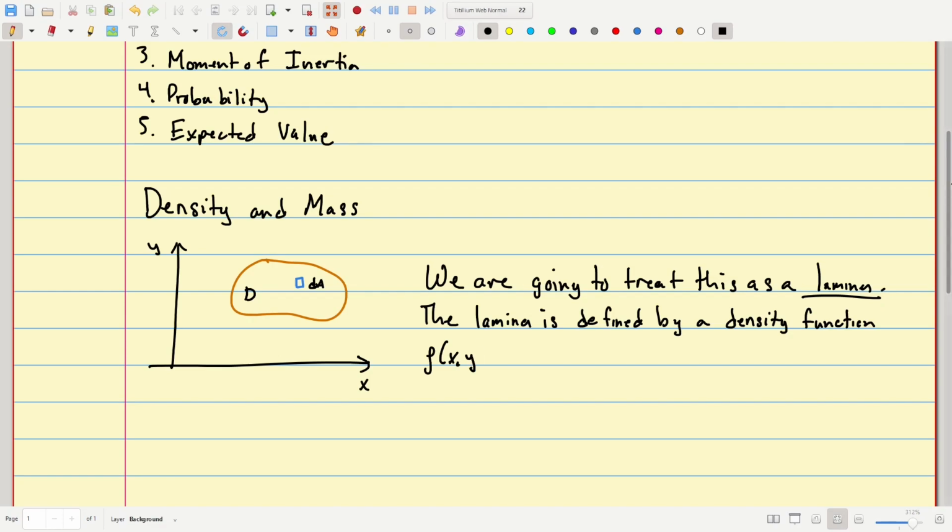I don't know if it's come up yet or not, but when I write the Greek letter rho, I write it like this. Okay. Sometimes it looks like this when it's typeset. It looks like a not quite P. I try to make mine fancier so it's clear that I mean the Greek letter rho, but that's what it is.